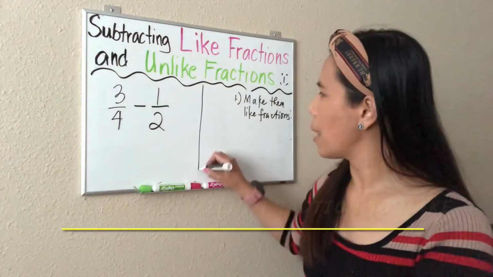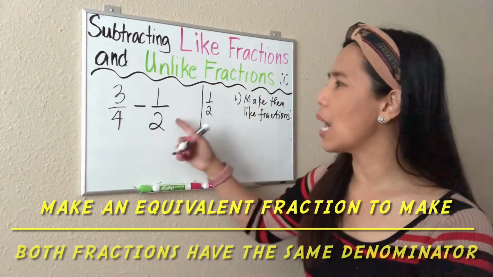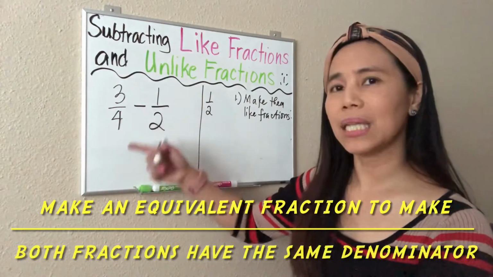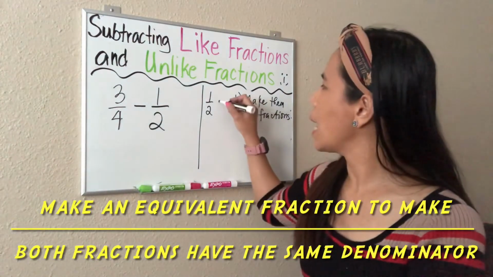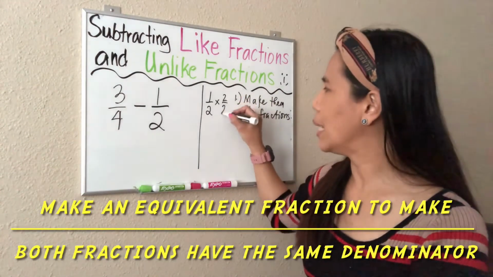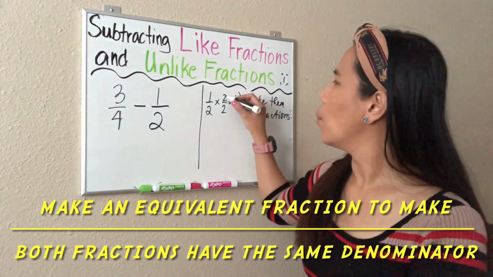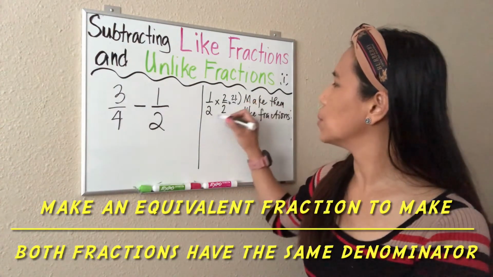In order to make that, we have to think of an equivalent fraction for 1/2, which will give us a denominator of 4. Thinking of that, if I multiply that with 2, I will have 4, right? That is why 1 times 2 is 2, and then 2 times 2 is 4.